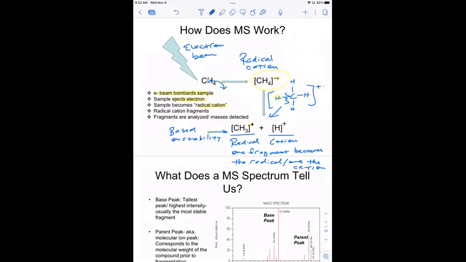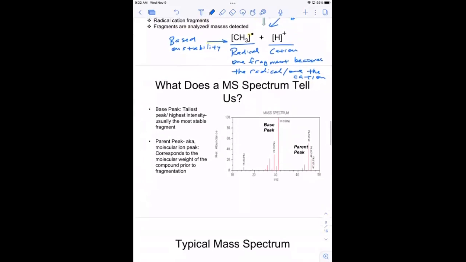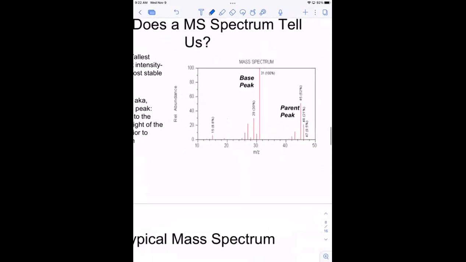But yeah. So when we think about this, how do we read this? How do we know what we have? Well, again, you have a detector and a data analyzer. So that data analyzer is going to give you a spectrum to read. And this is what a typical mass spectrum looks like.